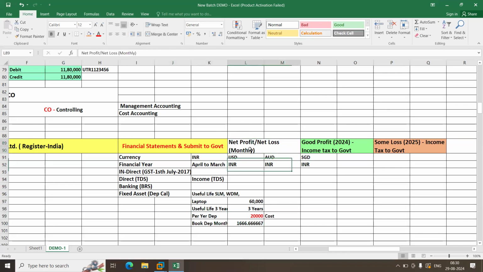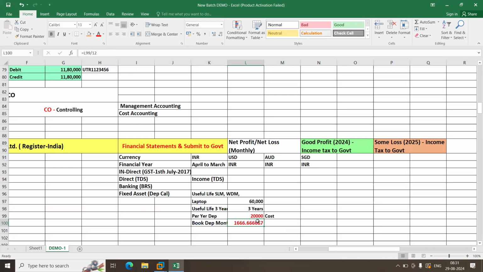If I want to get this net profit or net loss monthly, then in your accounting, every process cost we need to book month on month. As part of this, I have to book my fixed asset depreciation also month on month.